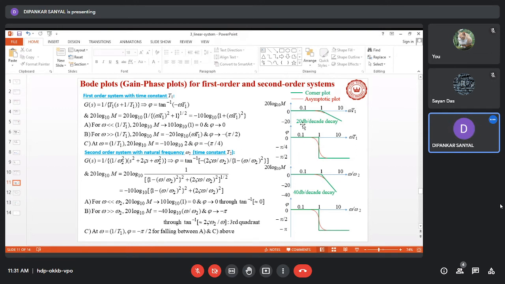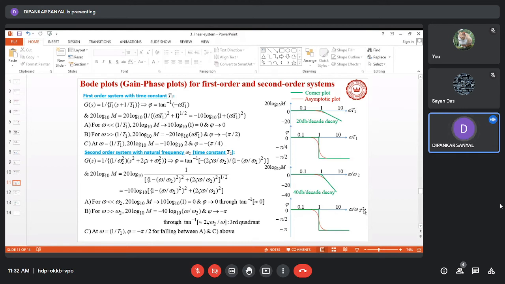So it is per decade, meaning 1 to 10 or 10 to 100, etc. For the first order term, we see a decay at the rate of 20 dB per decade, and for the second order, we see a decay at the rate of 40 dB per decade. In the phase plot, we have a loss of phase of minus pi by 2 for the first order, but for the second order, we have minus pi.